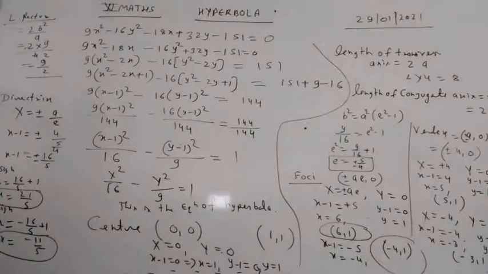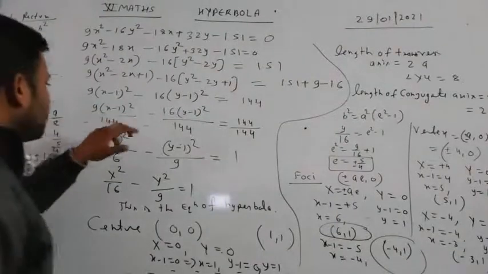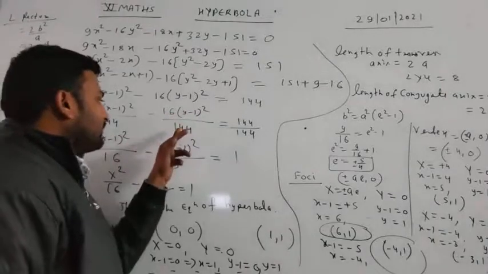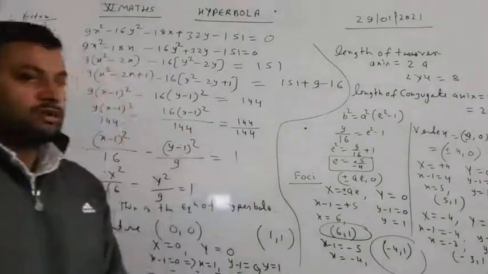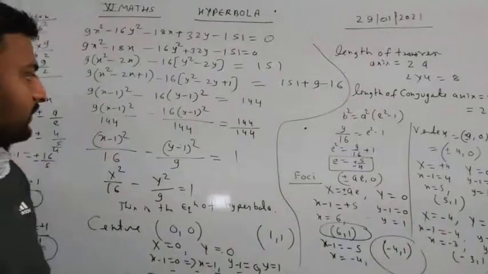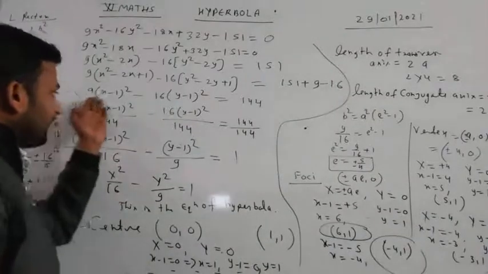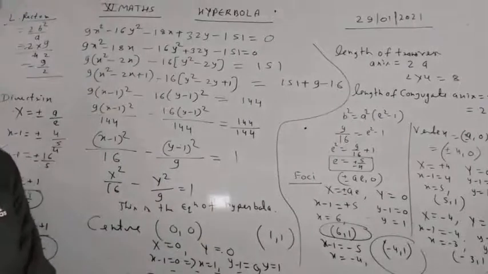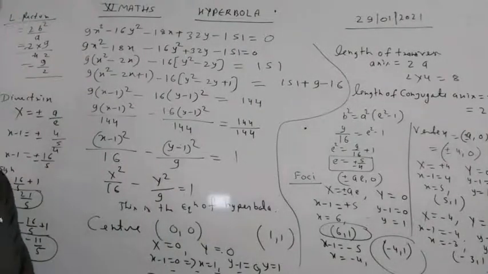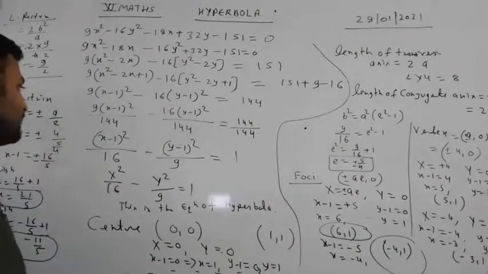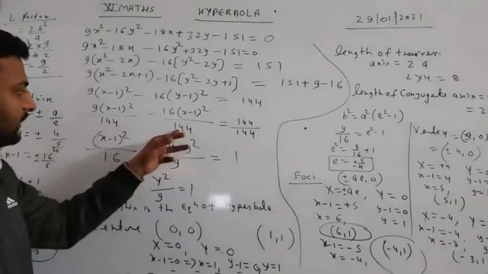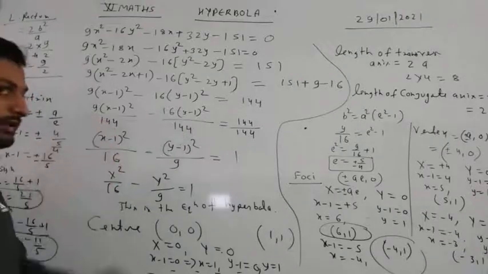And student, we see that 9 times x minus 1 whole square minus 16 times y minus 1 whole square is equal to 144. We divide this equation by 144 to make the right hand side 1. So this term was 9 and this term is 16.